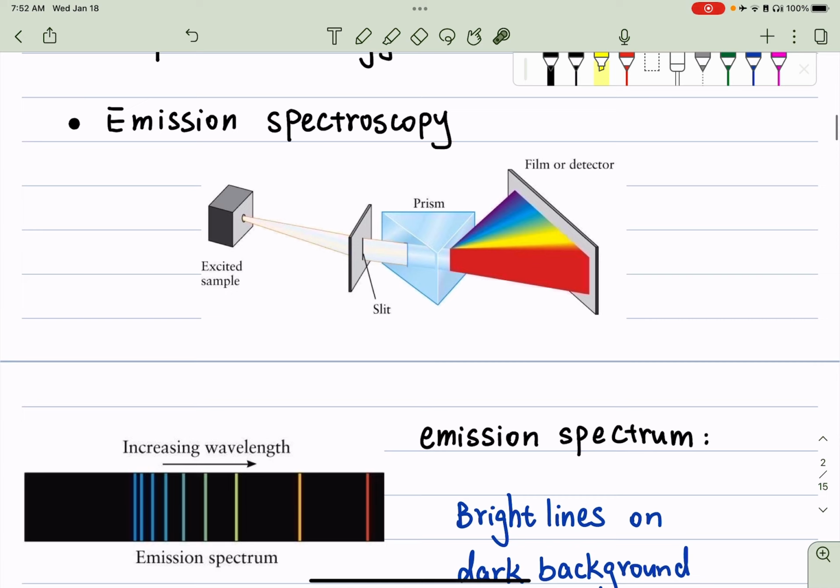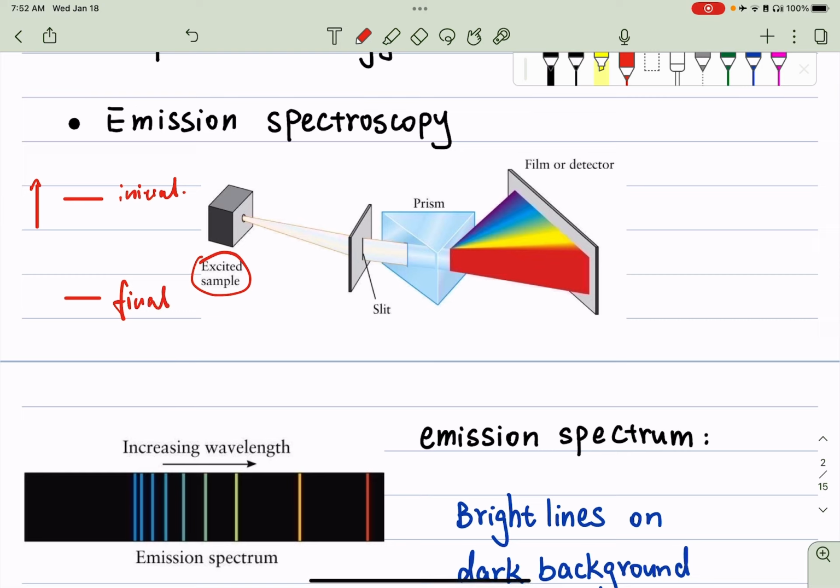We'll be talking about two different types of atomic spectra. The first one is called emission spectroscopy. What it means is we start from an excited sample. The excited sample, or the initial state, is already at a much higher energy level compared to the final state.